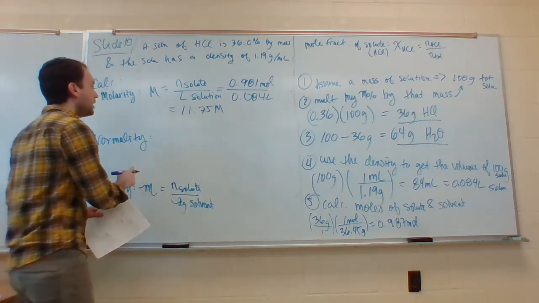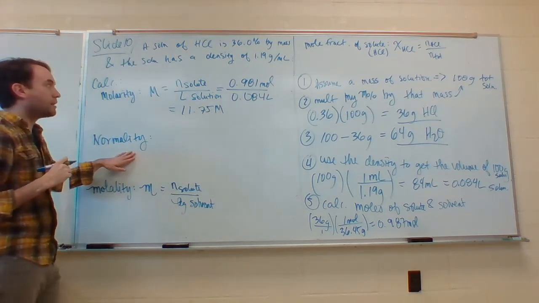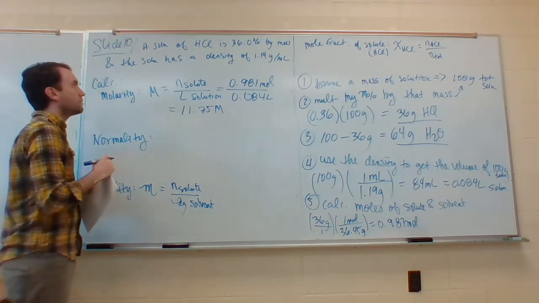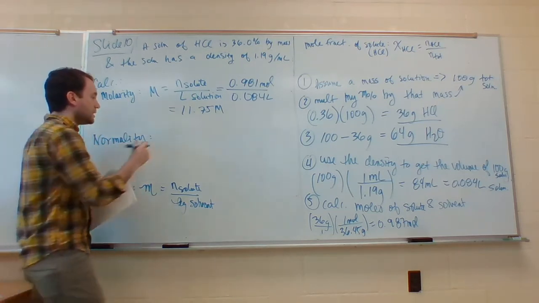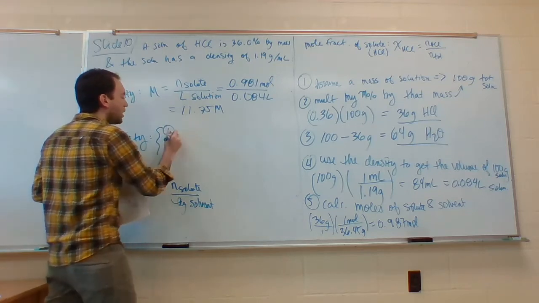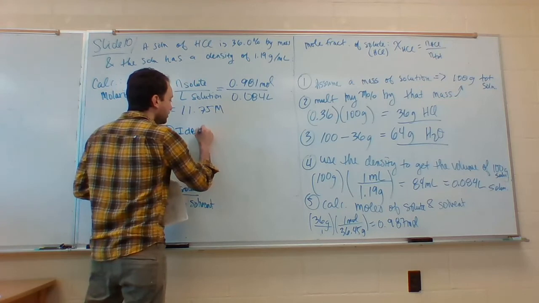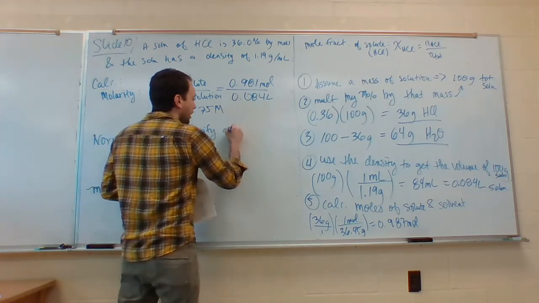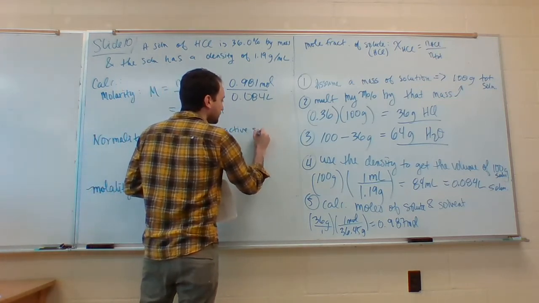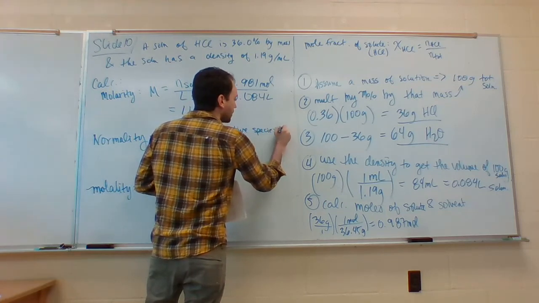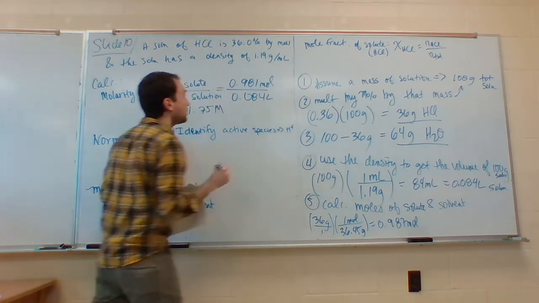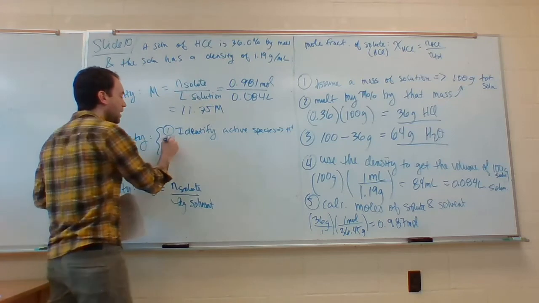All right, now to calculate our normality, we had to use our equivalents. So we were looking at our active species. So step 1 for normality, identify the active species. Our active species is going to be the H+, and we have 1 H+.